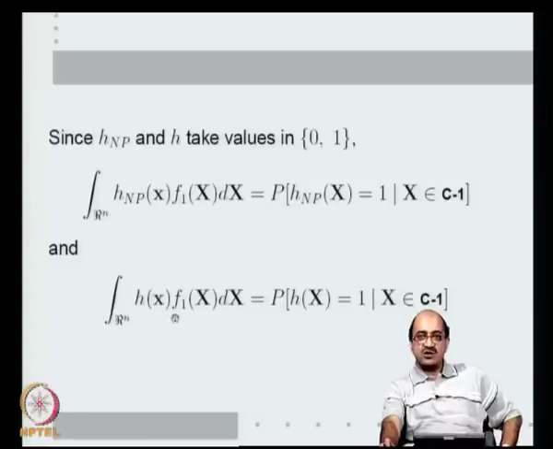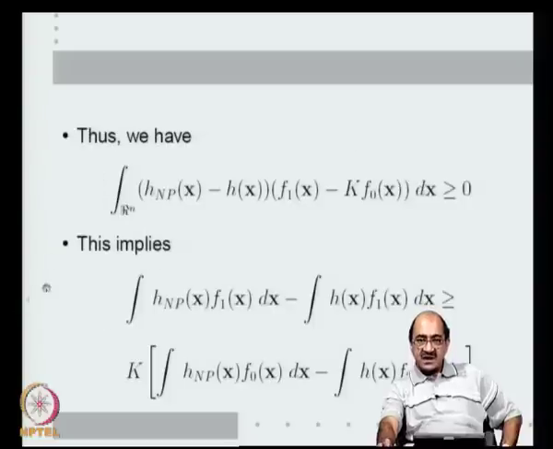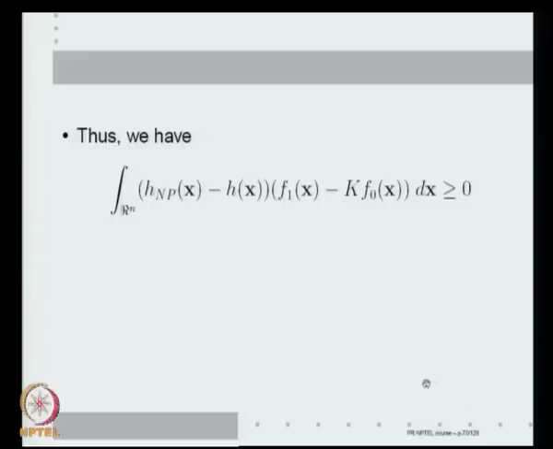Similarly, for h, because h is also a 0, 1 function, the integral of h into f1 is the probability that h(x) is 1, conditioned on x belongs to C1. Similarly, the integral with respect to f0. So, each of these integrals can be written as probability h_NP(x) equal to 1 conditioned on x belongs to C1, h(x) is equal to 1 conditioned on x belongs to C1. Similarly, this is h_NP(x) is 1 conditioned on x belongs to C0, h(x) is 1 conditioned on x belongs to C0.